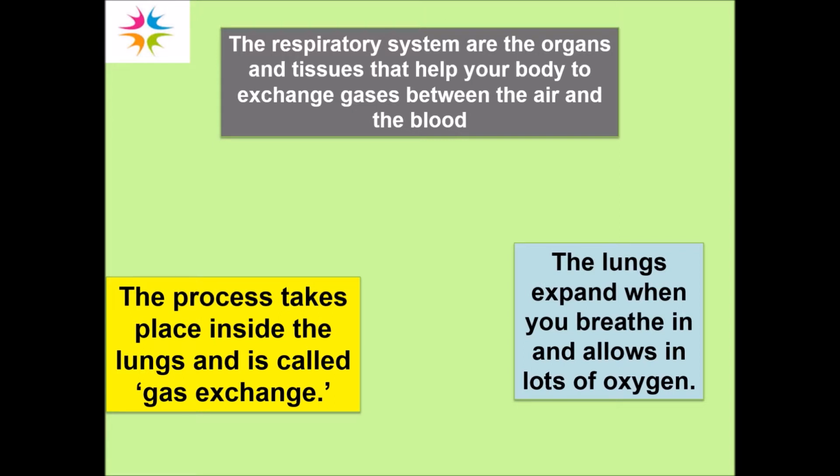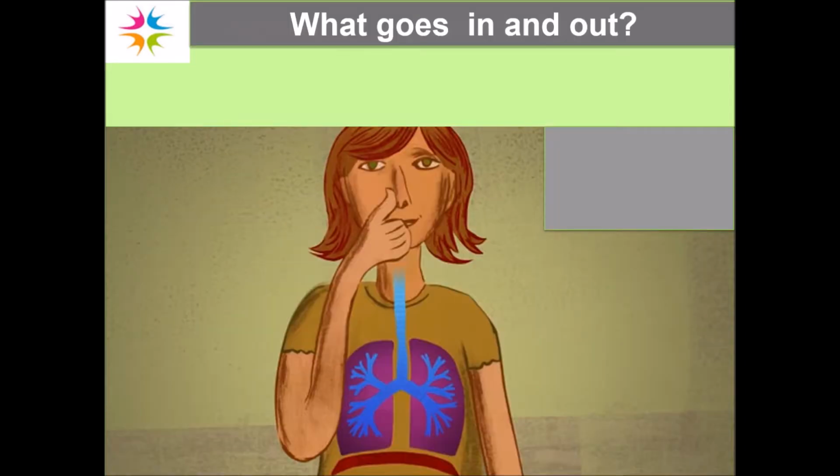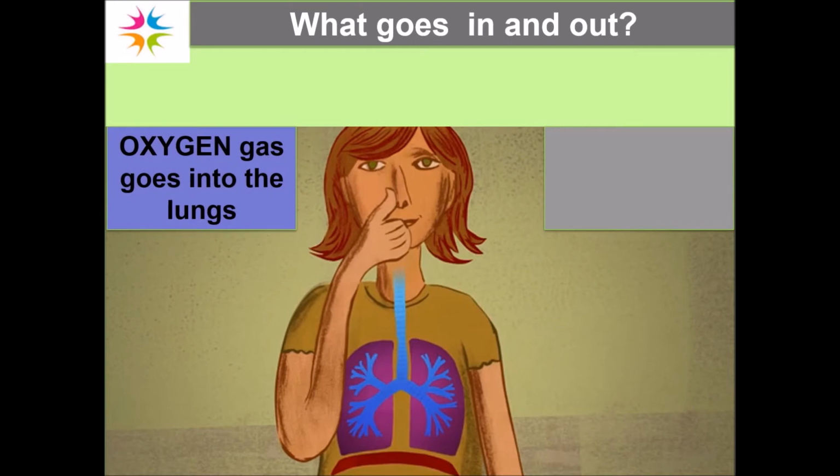Your lungs expand when you breathe in and allow in lots of oxygen. So what goes in and what comes out of your lungs? Oxygen gas goes into your lungs, and you guessed it right, carbon dioxide comes out.